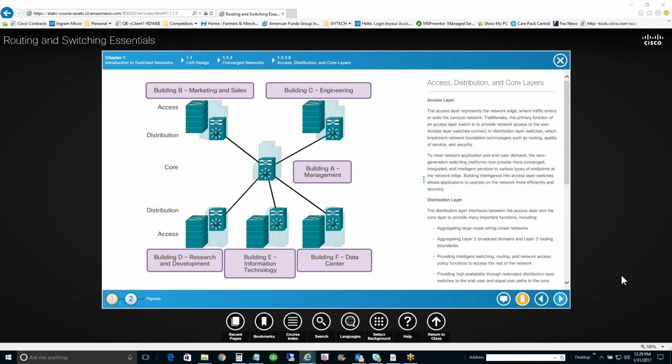This simplifies the deployment, operation, and management of each individual device. Also, it provides modularity, as you can see in this slide, and that allows for relatively simple network expansion.